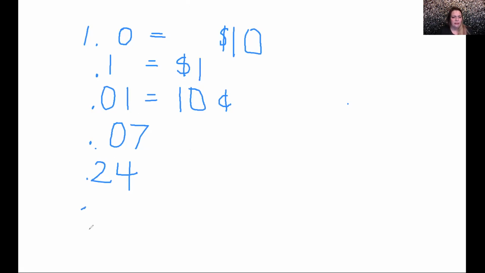Let's just say, let me type it. Maybe that'll help. Let's just say that you were trading with a 0.62 lot size. How much money would that be?